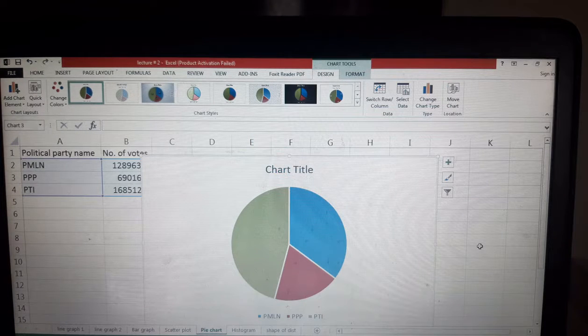You can clearly see that the major area is covered by the green color, and the green color indicates the maximum votes obtained by the political party PTI in the 2018 elections.